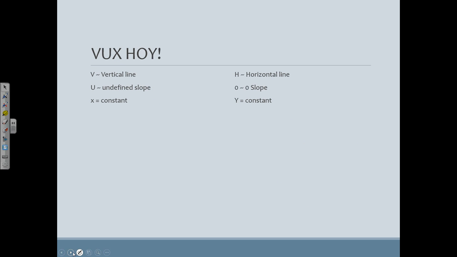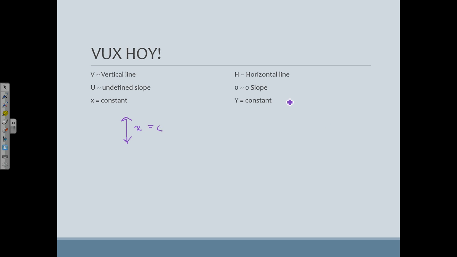VUX HOY. I always say that's the battle cry of Miss Craig's Wild and Wonderful Math World. Okay, so VUX, to help you remember, V is a vertical line. It has an undefined slope, which makes sense, and our equation is x equals whatever the constant is, or whatever x values stay the same.